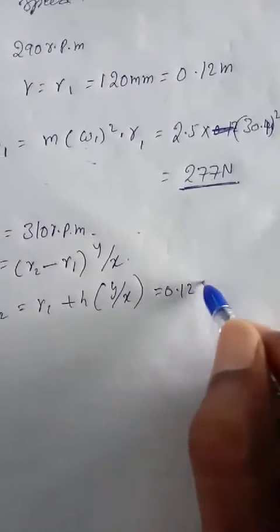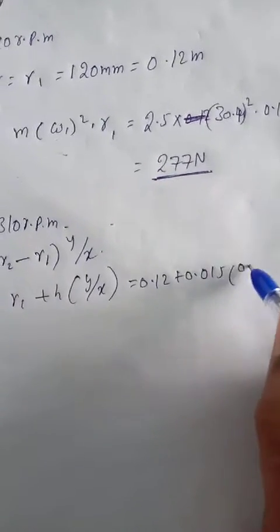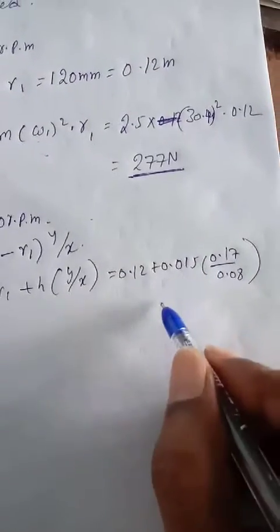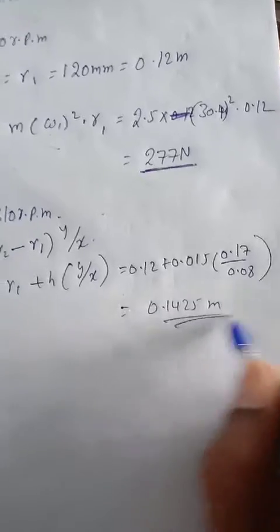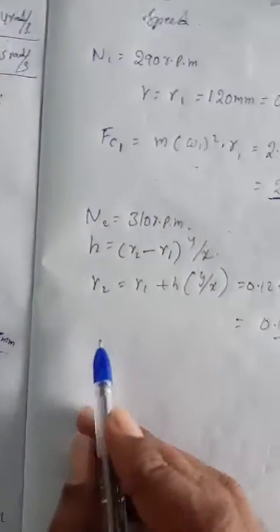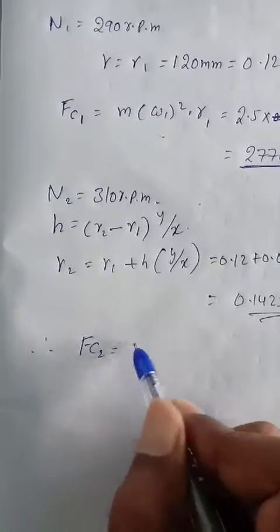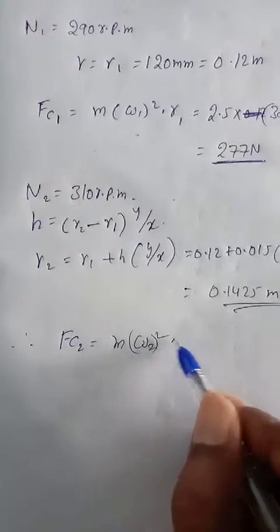So 0.12 plus 0.015 into 0.08 divided by 0.12, that is equal to 0.1425 meters approximately. Therefore centrifugal force at maximum speed Fc2 is equal to m omega square r.